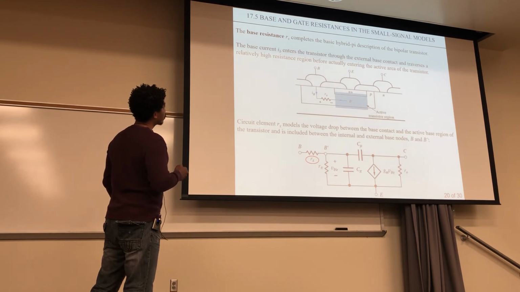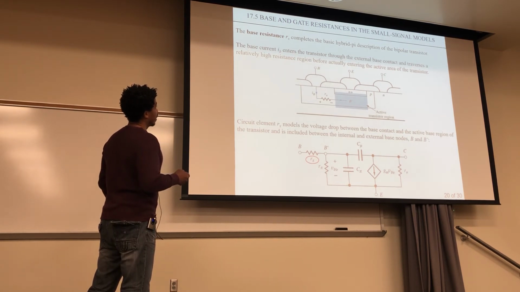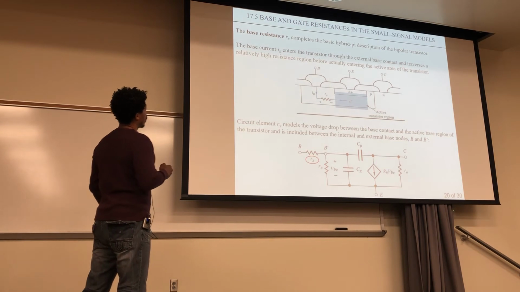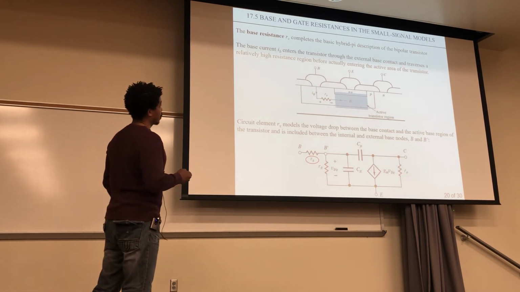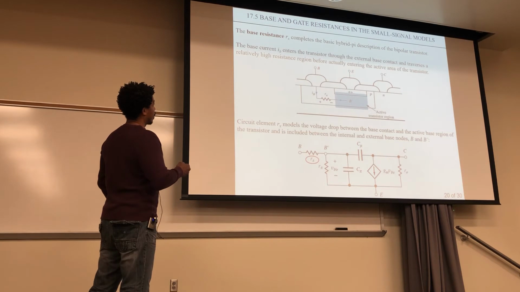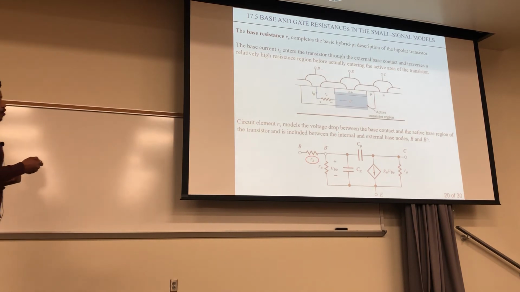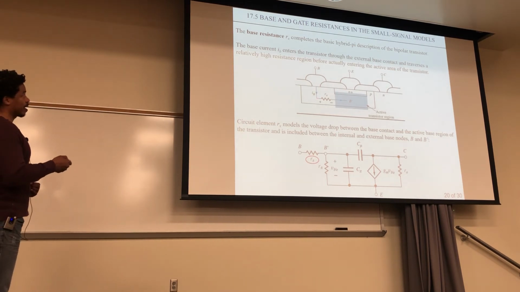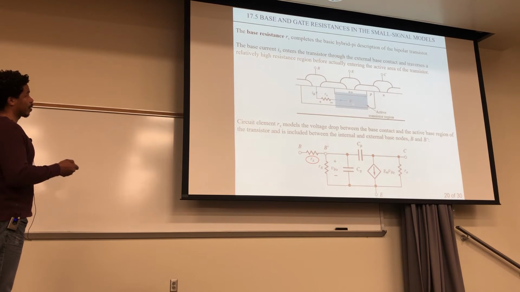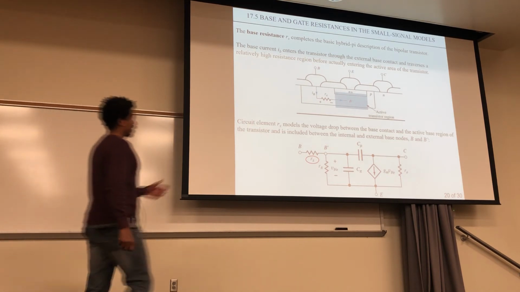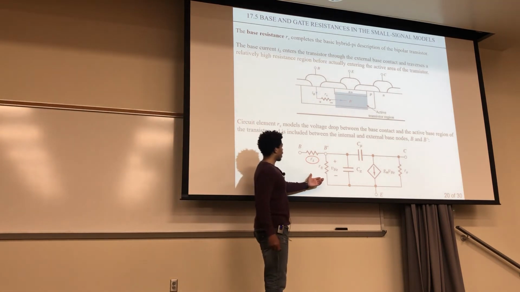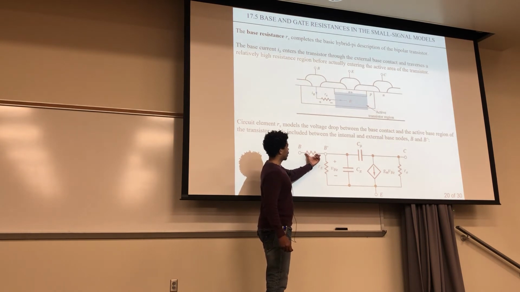Every time you have a physical connection, you have this resistance. You can approximate this whole area as an effective resistance, Rx, which is quite high, before getting here. And so in our small signal model, instead of just having B here, we have this base resistance before getting to B prime.